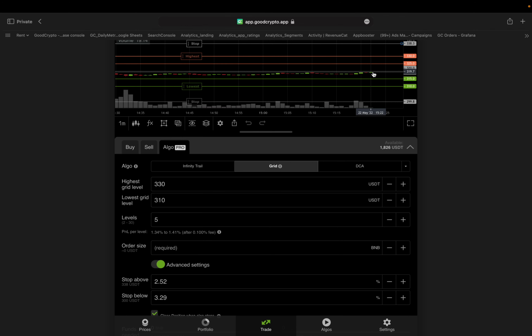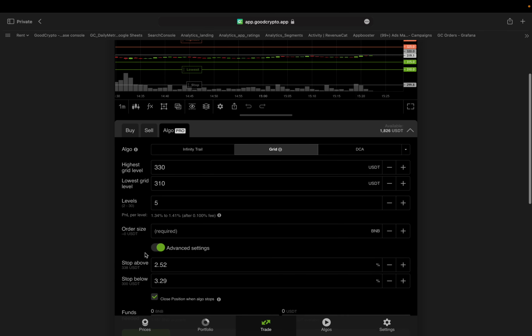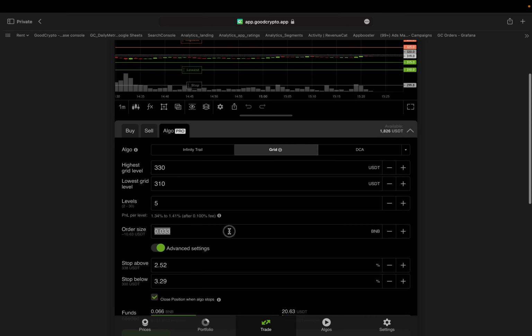For example, if you start here, the grid doesn't have any position, it will buy BNB here and buy BNB here, so you'll have a position of 2 times the order size of BNB. So, for example, if you set order size at 1 BNB and the price goes down, you bought 1 BNB here, 1 BNB here, you have 2 BNBs.